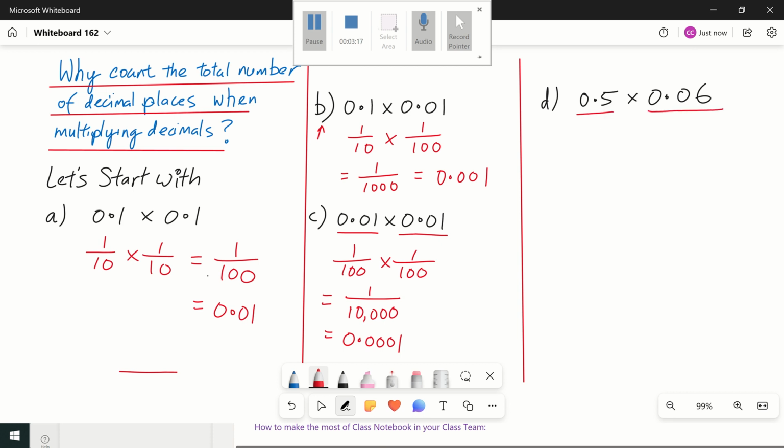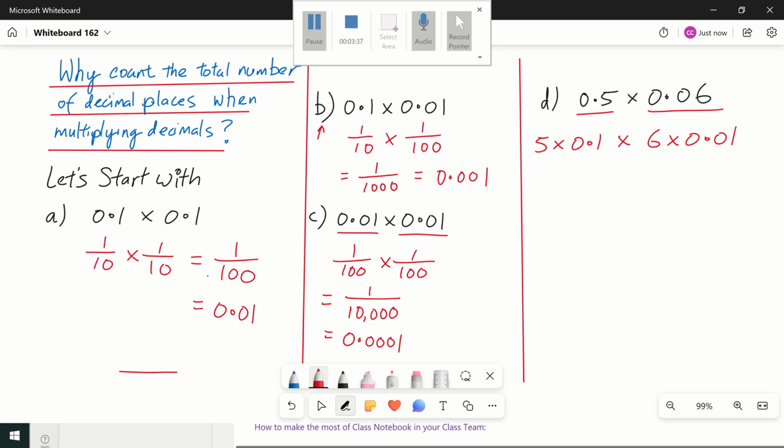So, looking at example D, we have 0.5 times 0.06. Now 0.5 is the same as 5 units of 0.1, whereas 0.06 is the same as 6 units of 0.01.